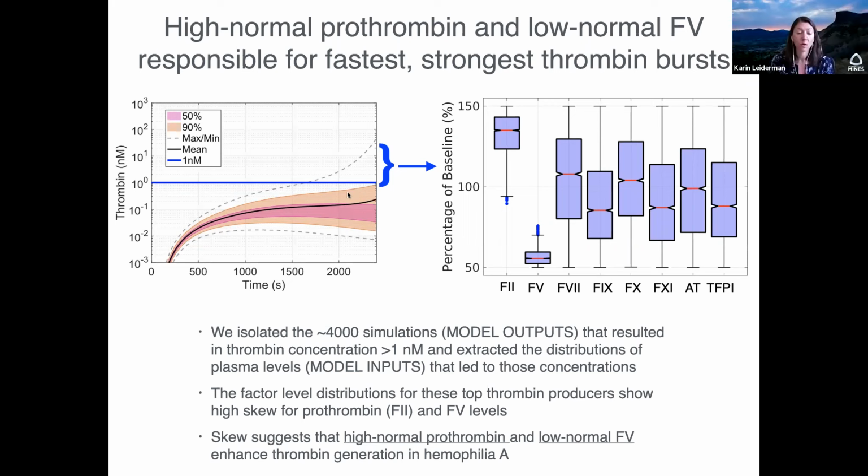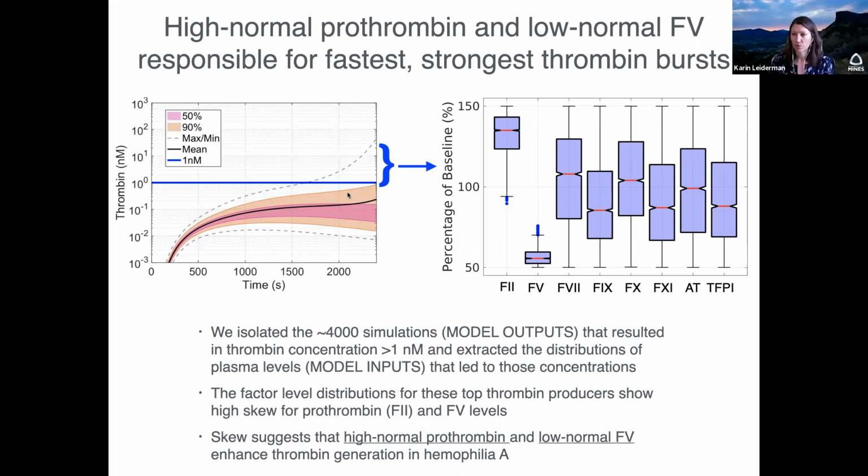Okay, so what we did is we extracted the distributions of the model input, in the form of the plasma levels of the clotting factors that led to these concentrations. So these extractions are quantified in the box and whisker plot you see here on the right.